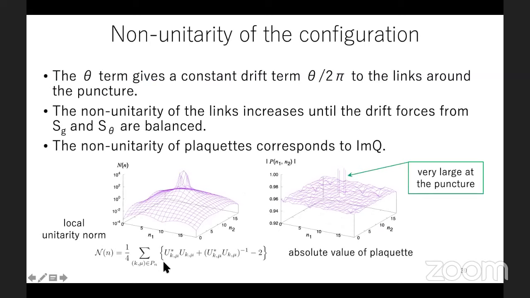It doesn't fluctuate so much, so it doesn't affect the drift term. However, it is difficult to tolerate such a huge number numerically, so there is a technical problem. Basically we can choose any shape and any size of puncture, but for technical reasons, we chose the minimal puncture in this research.